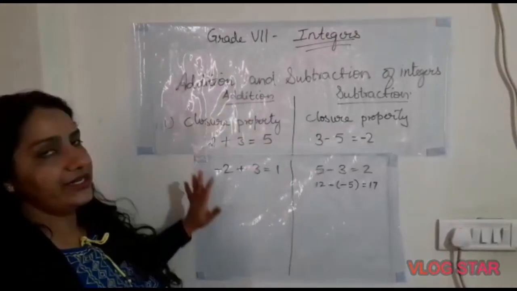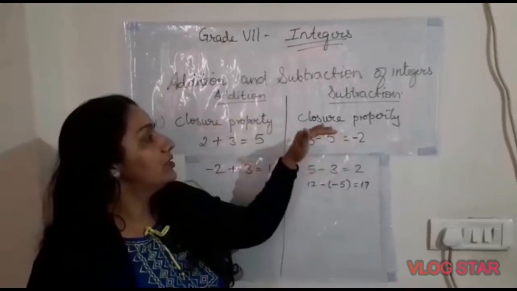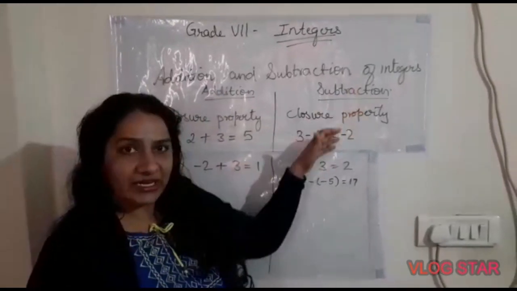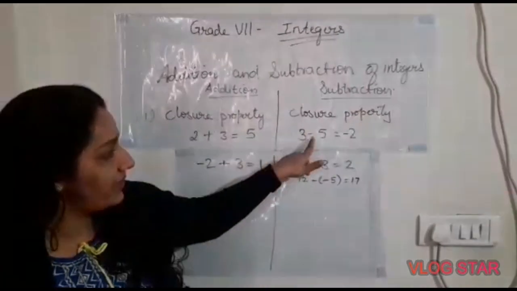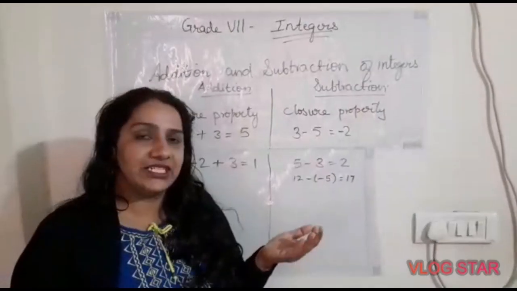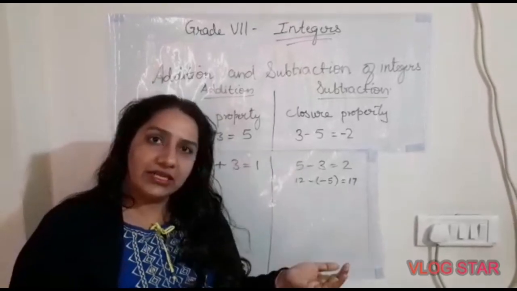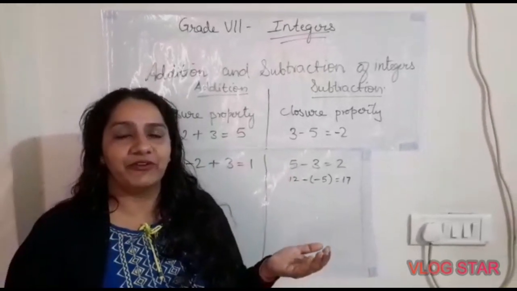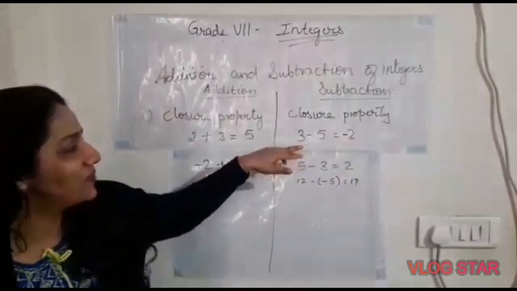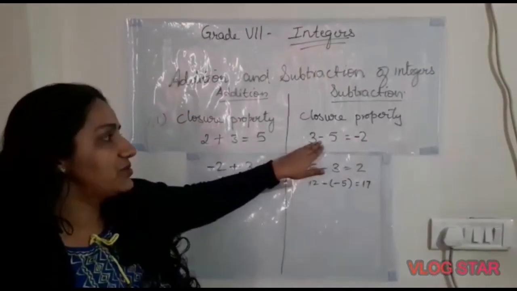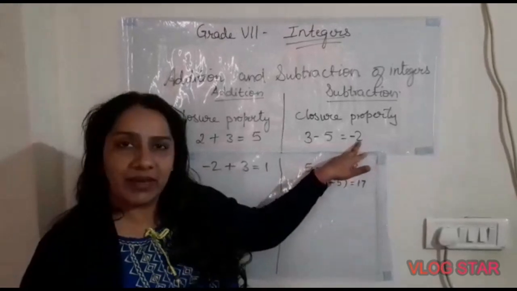This is in addition. Now moving on to the closure property in subtraction. Again the property says the same. When you subtract any number from any integer, I mean, if an integer is subtracted from another integer, it again gives an integer. So when from 3 you subtract 5, you get minus 2.